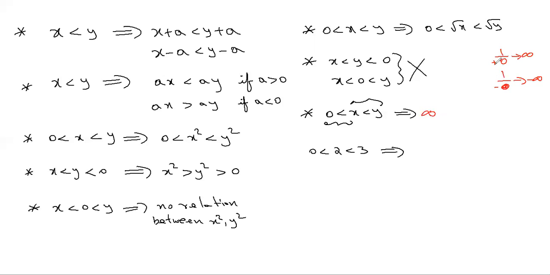Both are the same, no? But here 0 means very close to 0. It's almost 0 but not 0. Exactly 0 means we can't even write 1 by 0. So 1 by plus 0 means 1 by a very small positive quantity, which will approach infinity. 1 by a very small negative quantity will approach negative infinity. So keep these points in your mind.